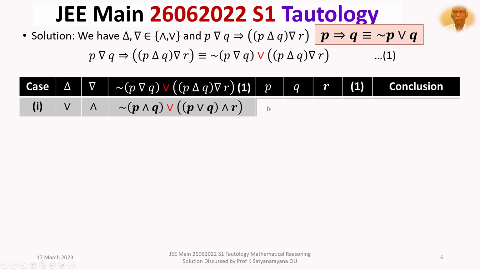How do we show this? Let P, Q, R take the truth values true, true, false.